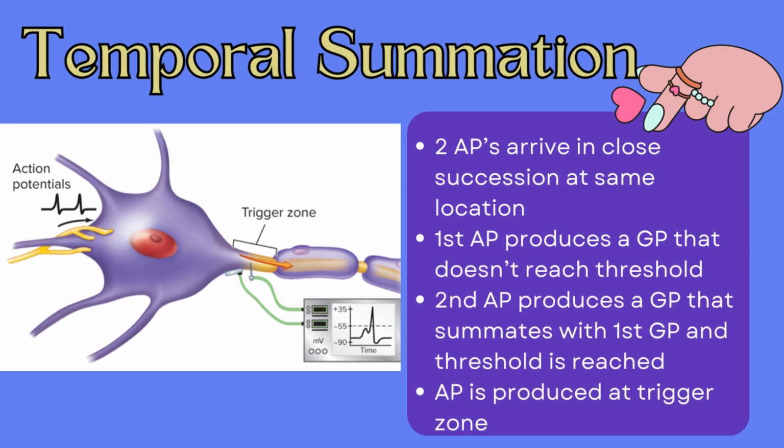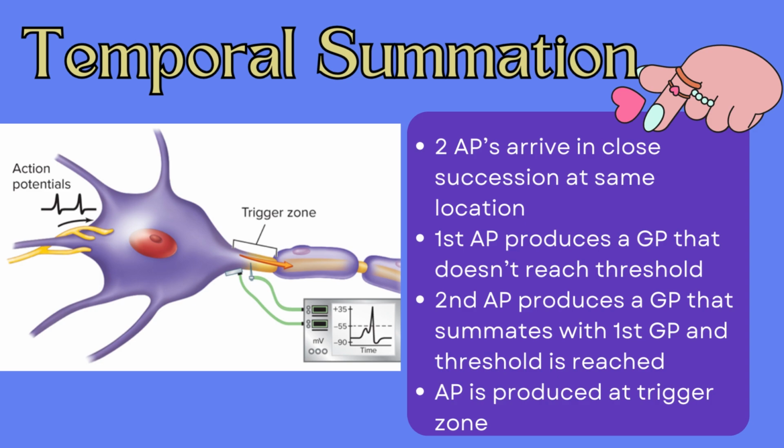The second type of summation is temporal summation. In temporal summation, two action potentials arrive in close succession on the same dendrite. The first action potential produces a graded potential that doesn't reach the threshold. The second action potential produces a graded potential that summates with the first one, and the threshold is then reached.